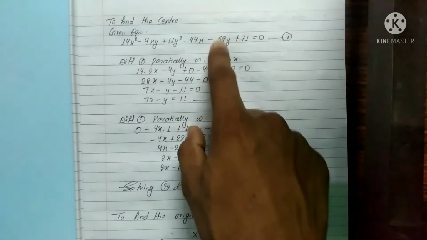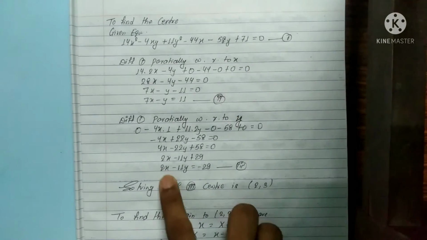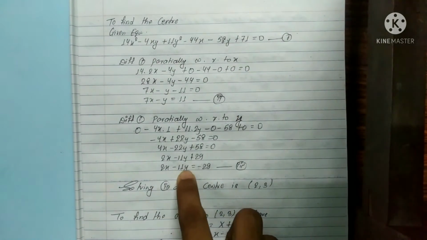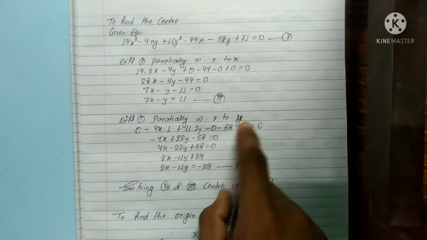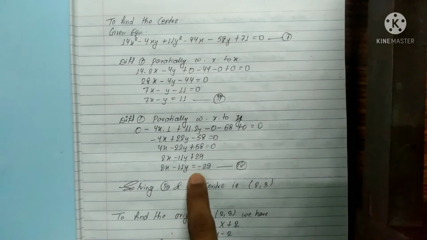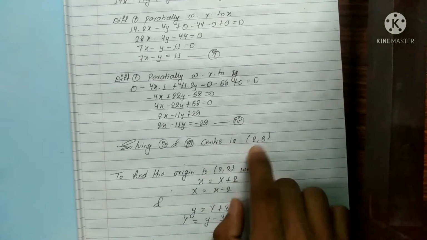The derivative of minus 58y is minus 58, and 71 is constant, so 0. We found the equation 2x minus 11y minus 21. Solving the two equations, the center is 2 and 3.